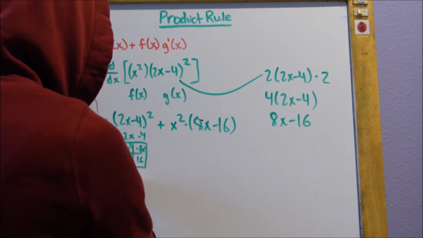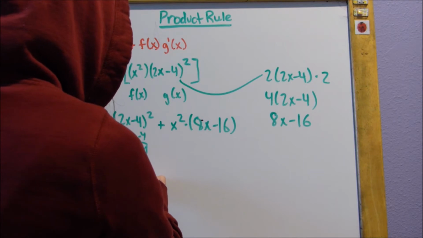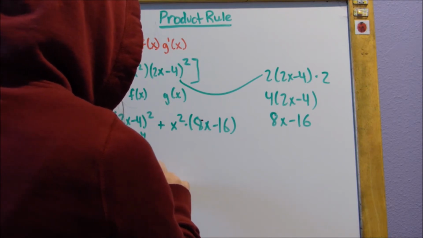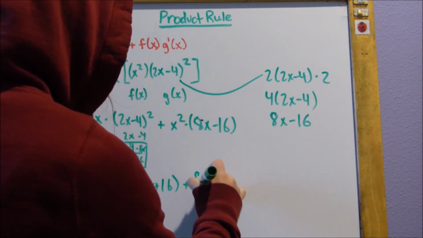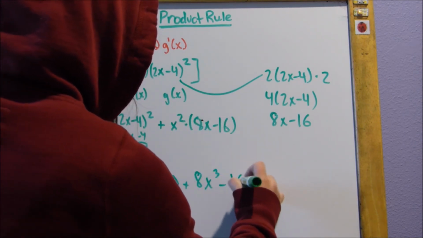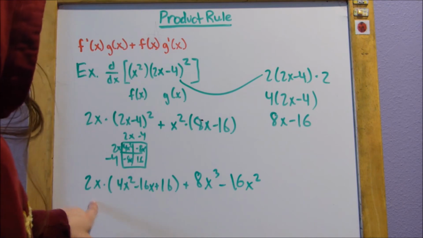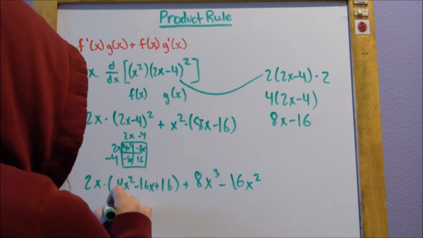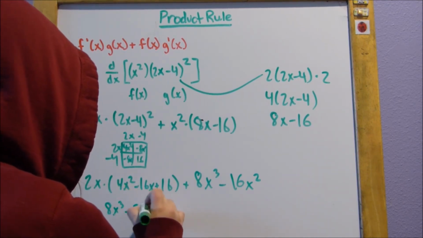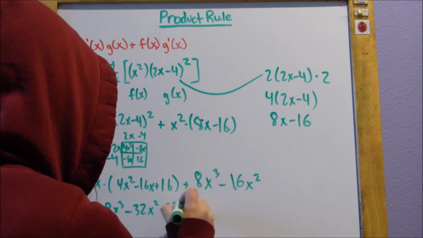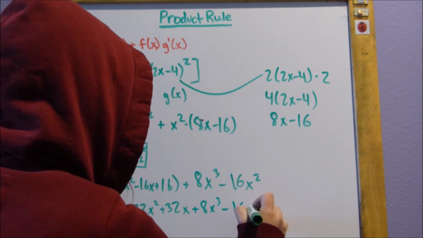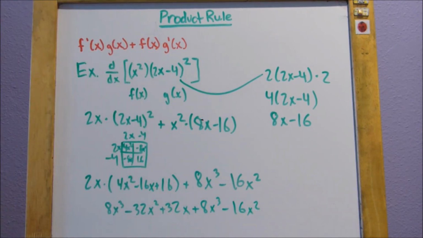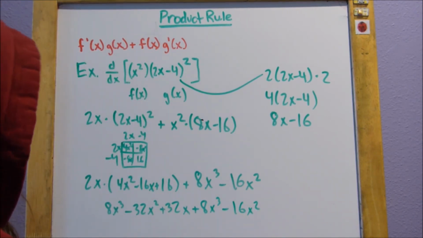So 2x times (4x squared minus 16x plus 16) plus, multiply across, 8x cubed minus 16x squared. If we multiply this across, we end up getting 8x cubed minus 32x squared plus 32x plus 8x cubed minus 16x squared. Now we can simplify like terms.